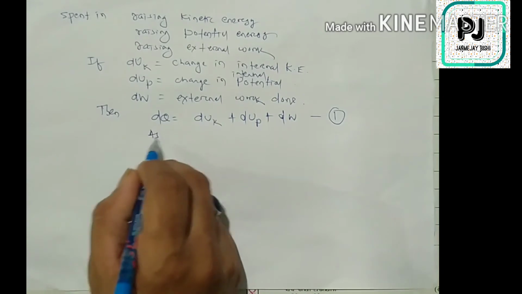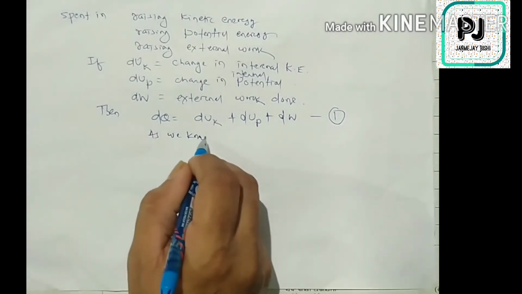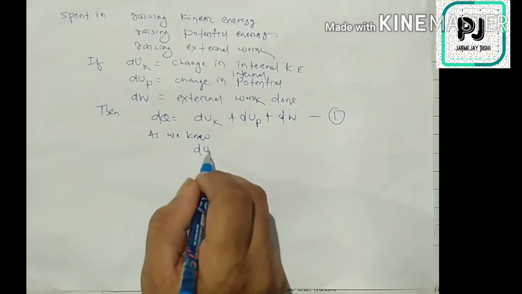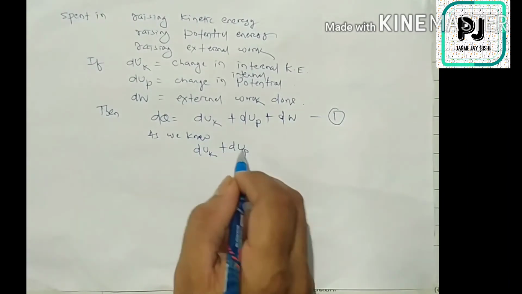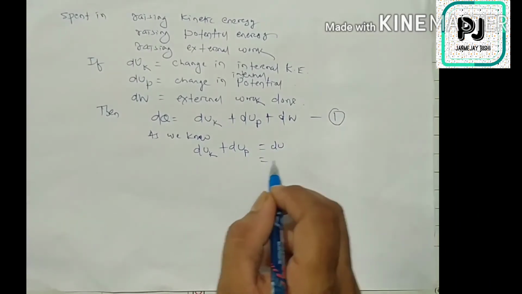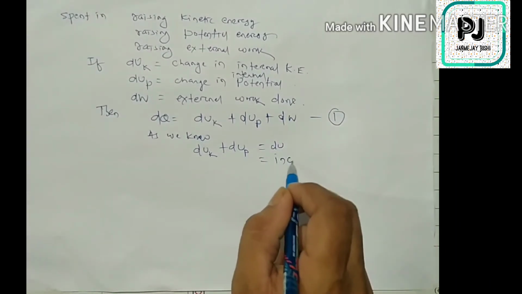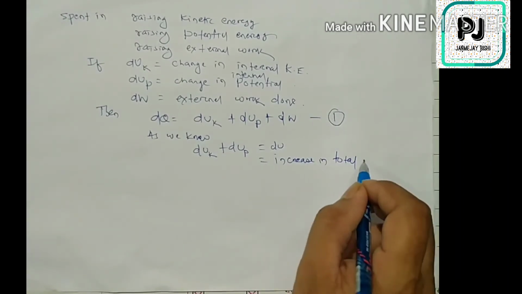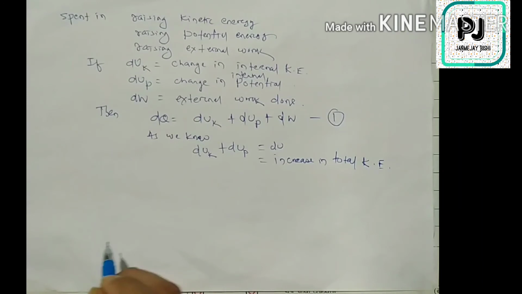As you know, that dU_K plus dU_P, that is your dU, is called the increase in total internal energy.